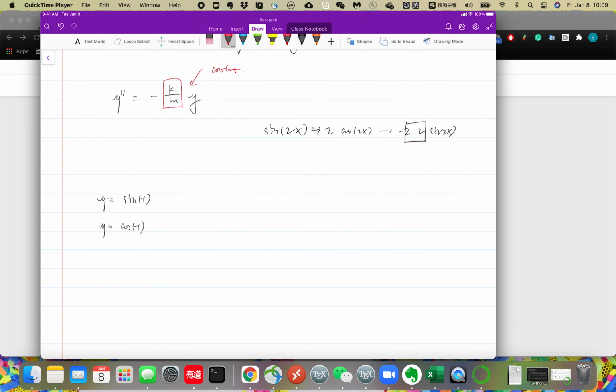If initially you have a number here, and this number here is going to be the square of the number here in order to produce whatever number here. Therefore, and you can check by yourself, the real solution should be y equals this. You take the derivative twice, you have the square root of k over m twice, then the square roots cancel each other.